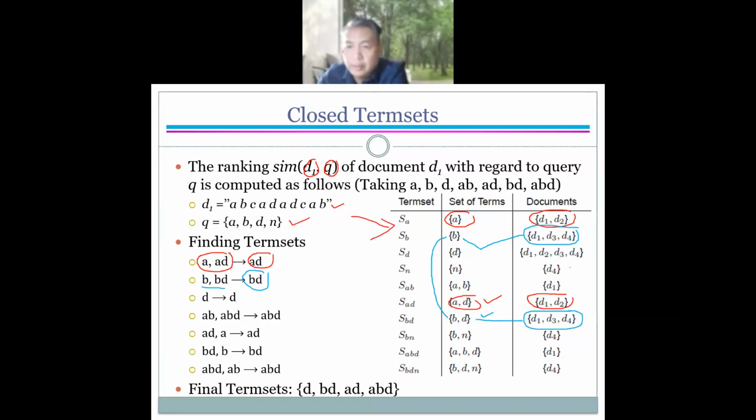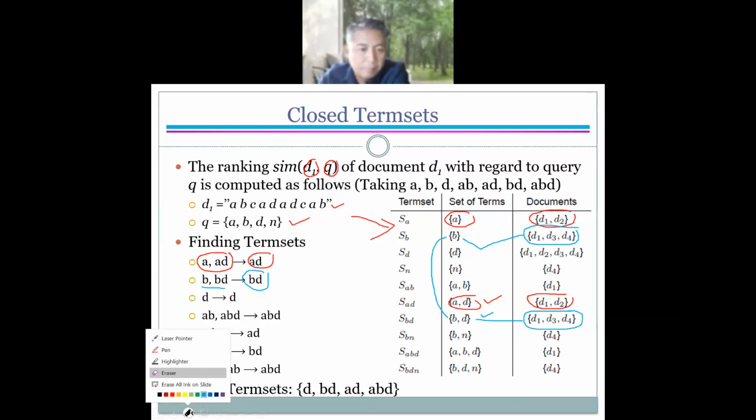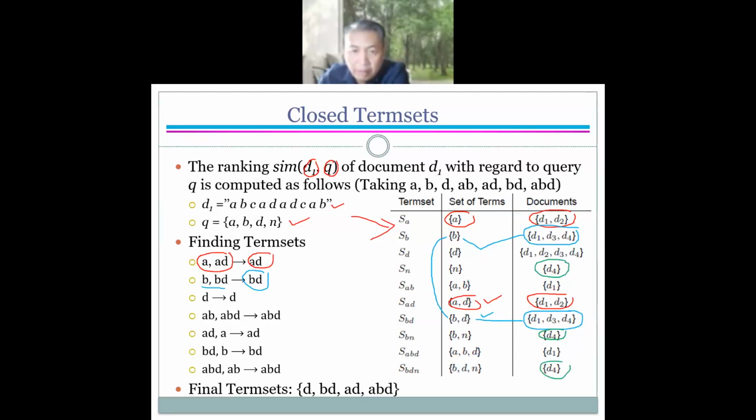Which one again? We have D4. So now let me change the color. Okay, so we have D4 here. D4, 1, 2, 3. So we have N. Yeah, N. We have BN.